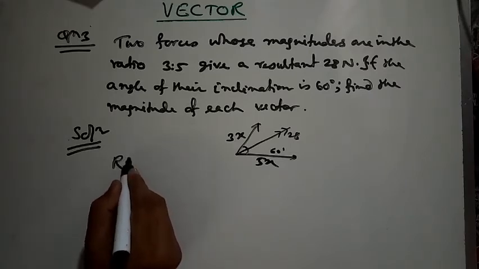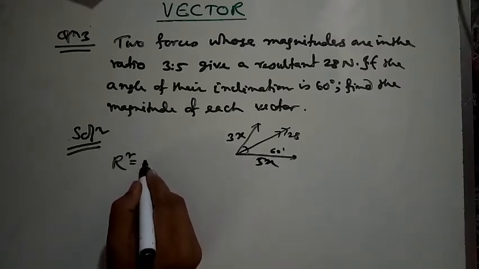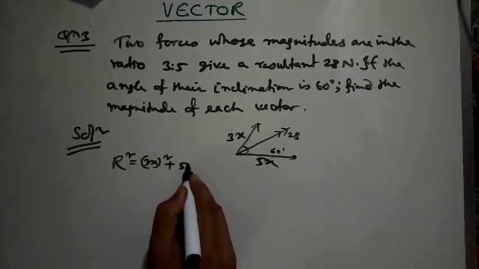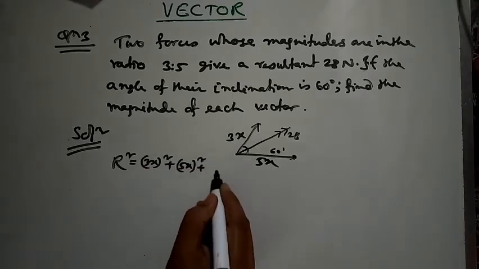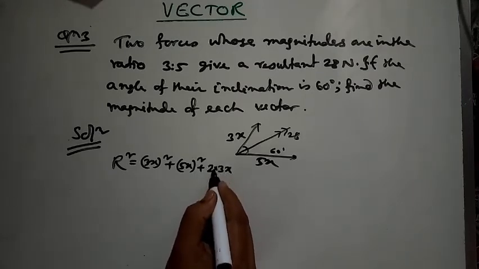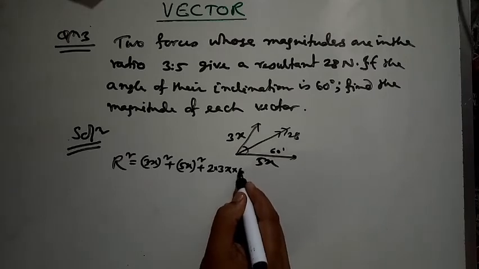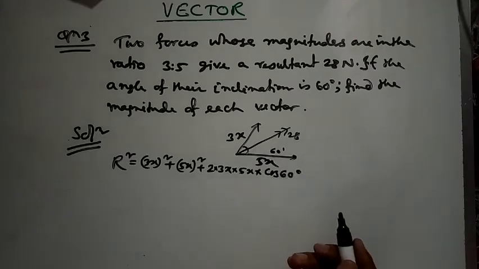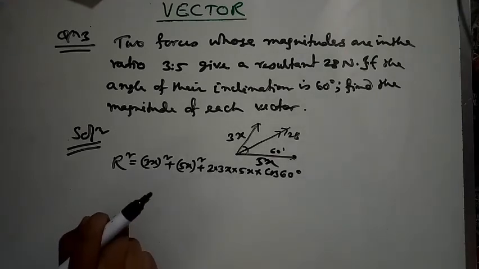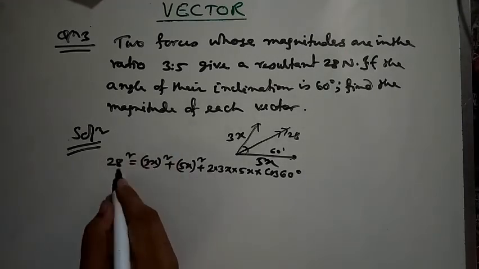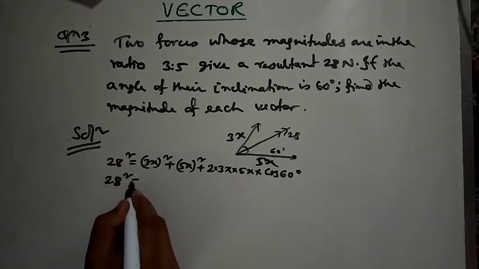We know R square equals A square plus B square plus 2 into A into B into cos theta, but theta this time will be 60 degrees, and the resultant is given as 28. So you just solve it.